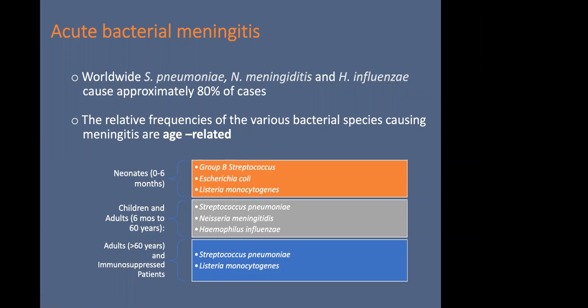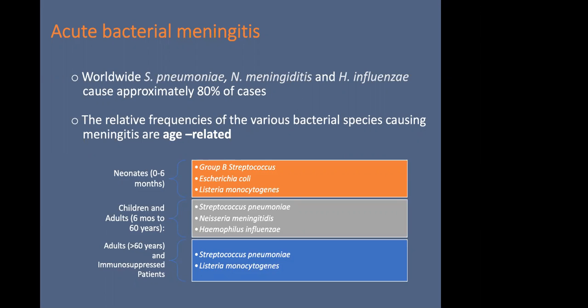Acute bacterial meningitis is a worldwide disease and mostly caused by virulent organisms like Streptococcus pneumoniae, Neisseria meningitidis, and Haemophilus influenzae. These three cause almost 80% of the cases. But there is an age division of this meningitis according to the age of the patient.